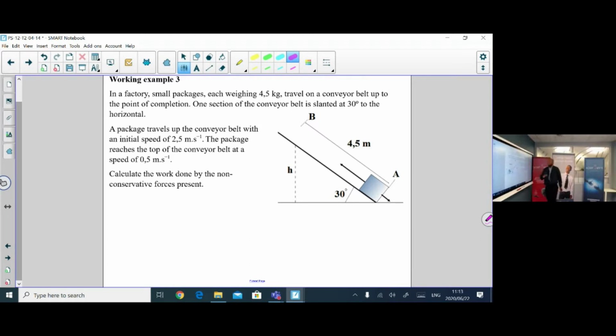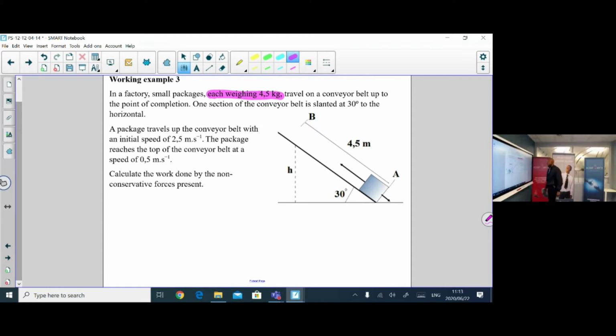Okay, let us look at it. In a factory, small packages, each weighing 4.5, travel on a conveyor up to the point of completion.